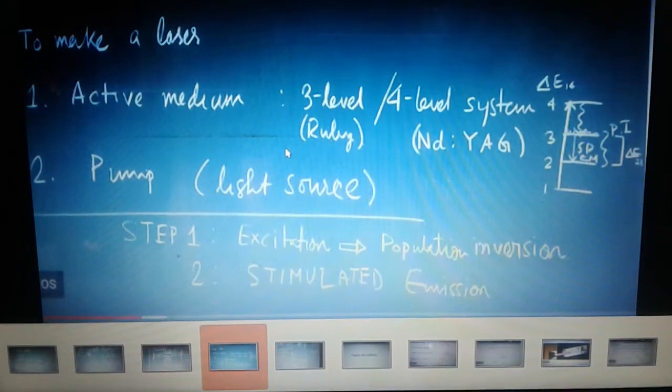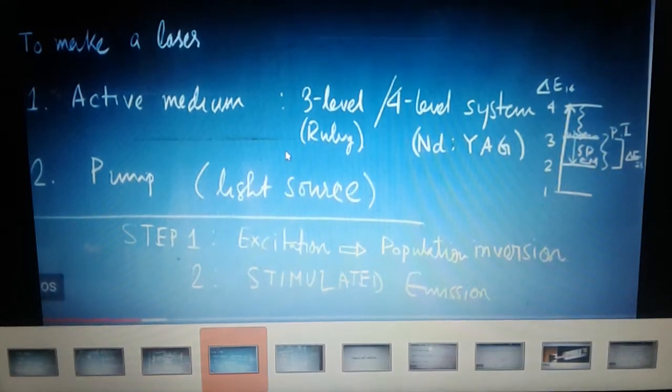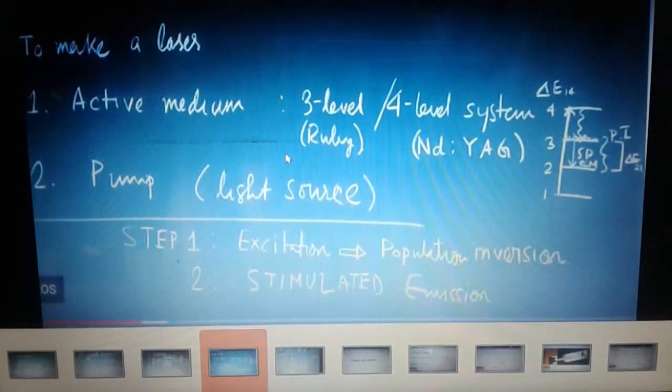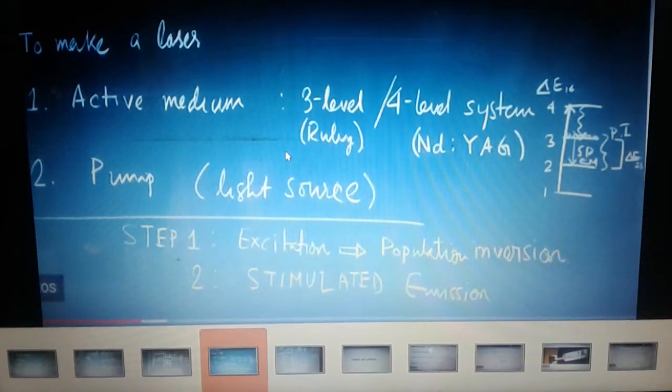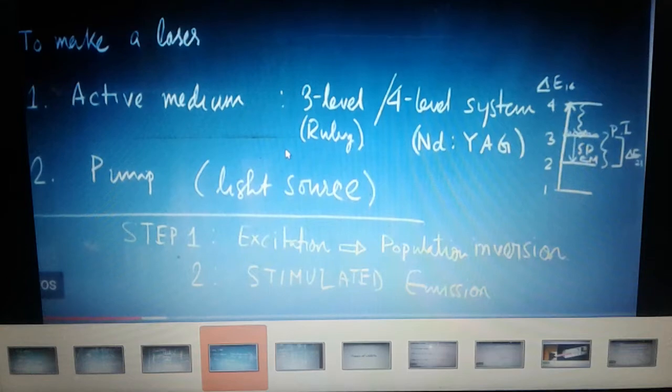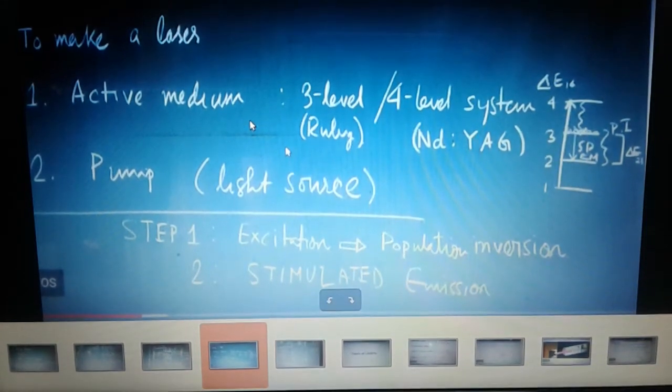That is, it may be a light source or an electrical source or a chemical source, etc. When we have achieved the condition of population inversion, then only the process of stimulated emission is dominant over the other two processes, that are spontaneous emission and stimulated absorption. So these two components are required for stimulated emission of radiation.